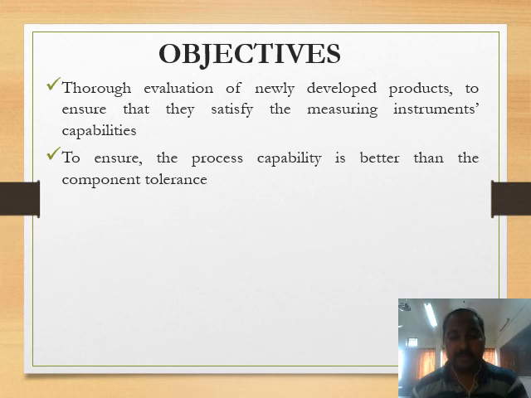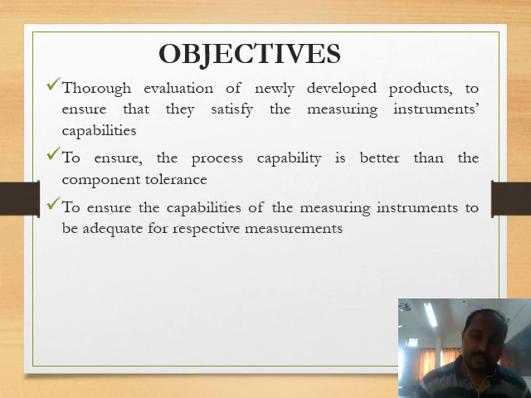Meaning to say, it should be able to measure up to the third decimal, or have a better measuring capability. If it is able to measure only with the second decimal, then there is every possibility that the tolerance value may not be accurate. So it is always expected that the process capability should be better than the component tolerance value.